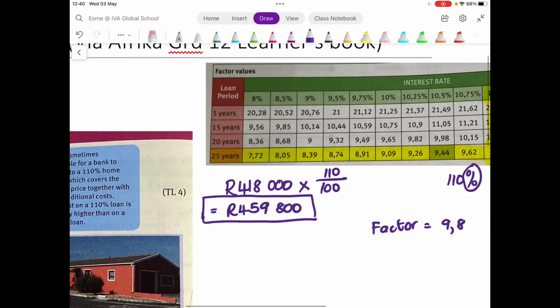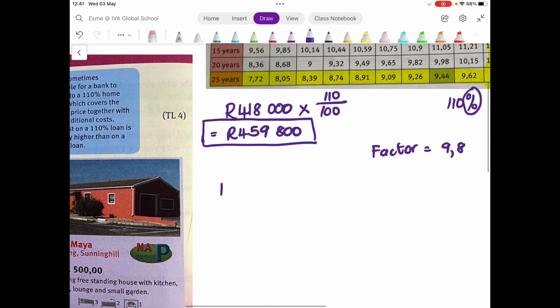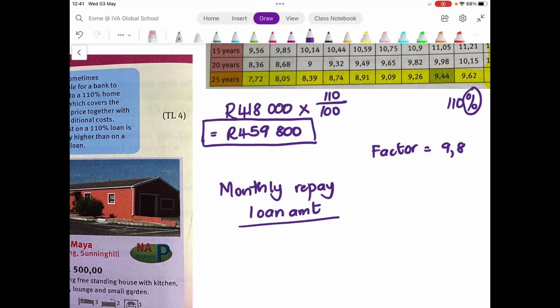And the formula said to calculate the monthly repayments, and you will always be given this formula, you are going to take the loan amount and divide it by 1,000.